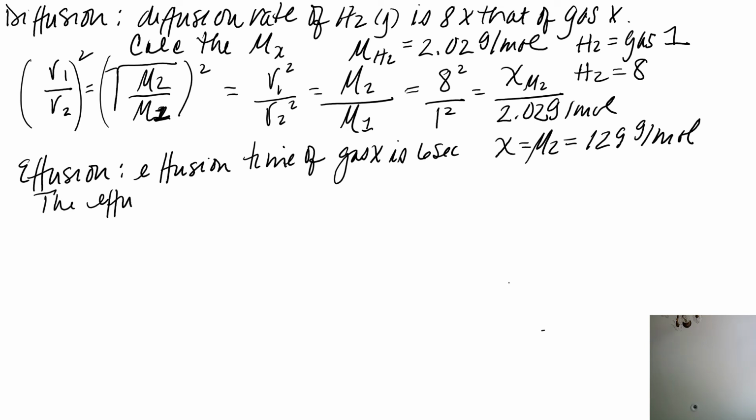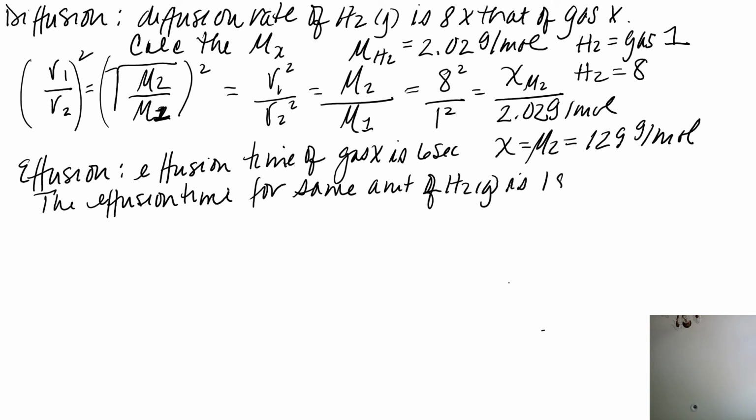The effusion time for the same amount of hydrogen gas is 1 second. Calculate the molar mass of gas X.